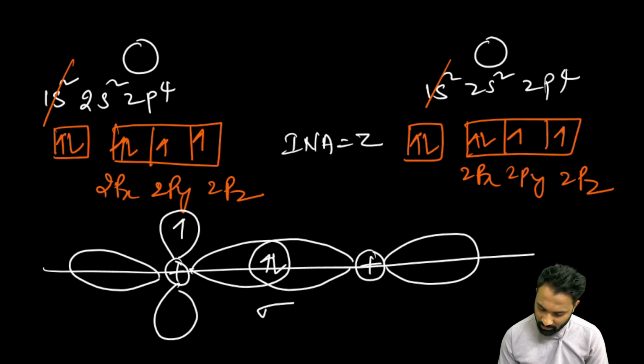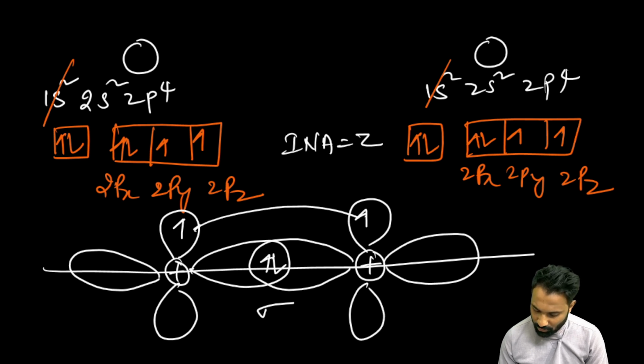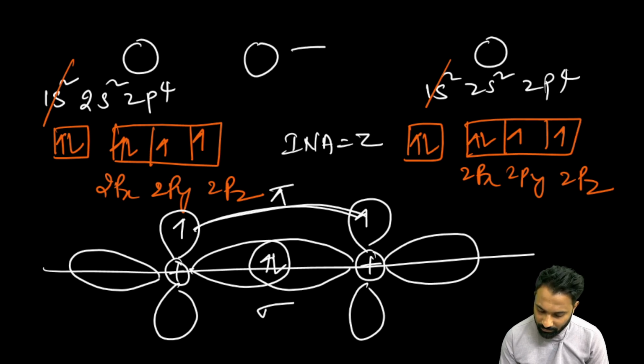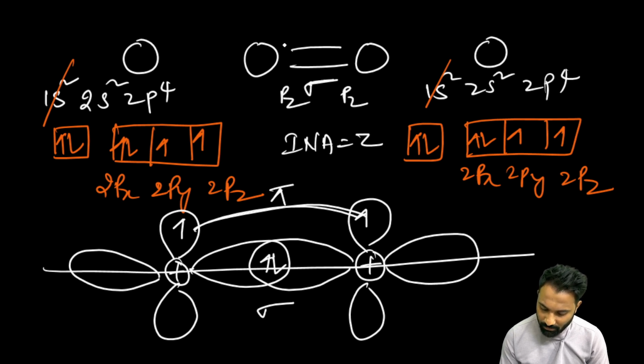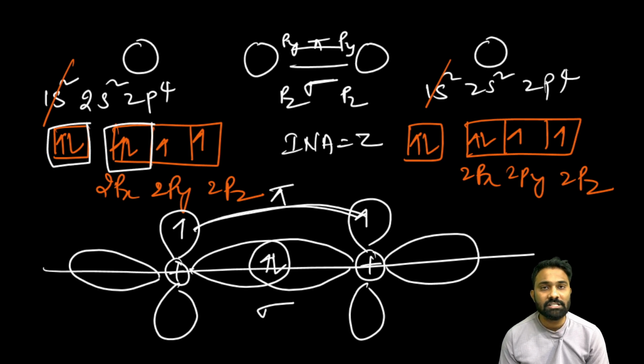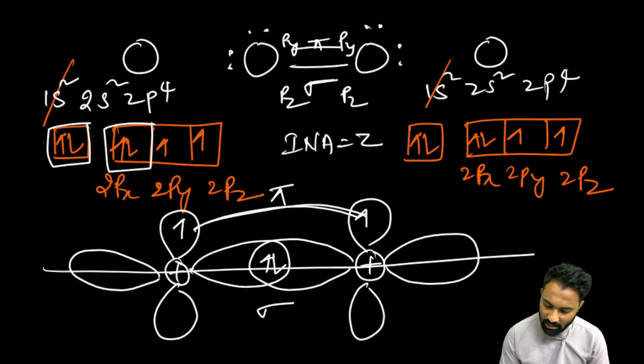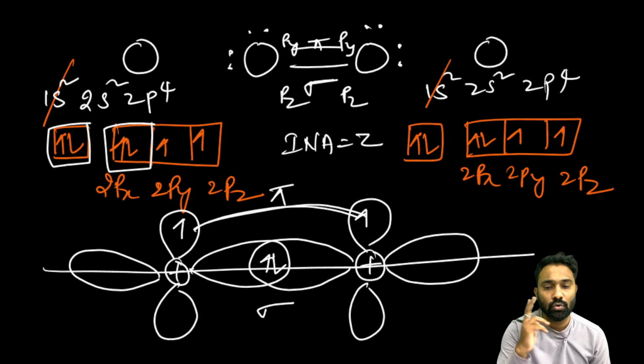Then in the other oxygen's py we have 1 electron. This py sideways overlap gives which bond? Pi bond. So oxygen has 1 sigma bond, formed by the overlapping of pz, and a pi bond, formed by the overlapping of py. Then you see these two px electrons and the 1s electrons have not participated in the bonding. That's why we call them lone pairs, and that's the reason oxygen has 2 lone pairs.